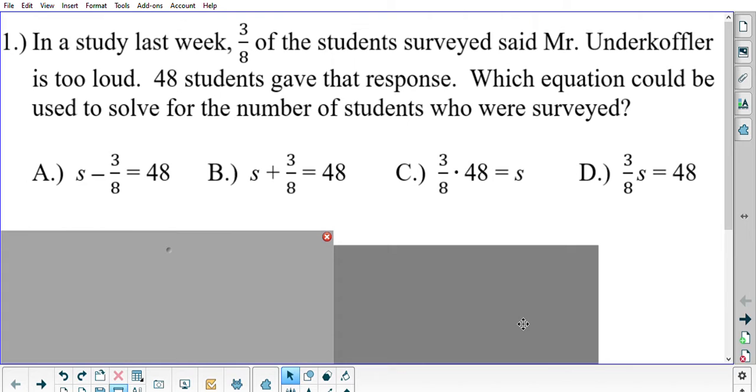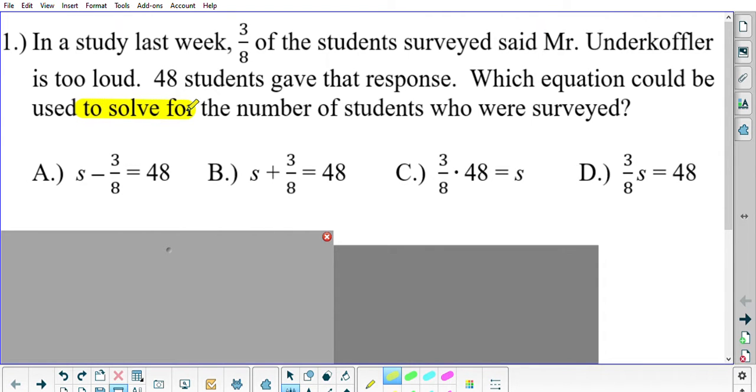All right, I hope you have already figured out on your own which equation made sense. The first thing I recommended to you is to figure out what the variable even represents. And the way you can do that is by rereading the part where it tells you what they want you to find. The last sentence normally tells you that. It says which equation could be used to solve for, okay, here we go.